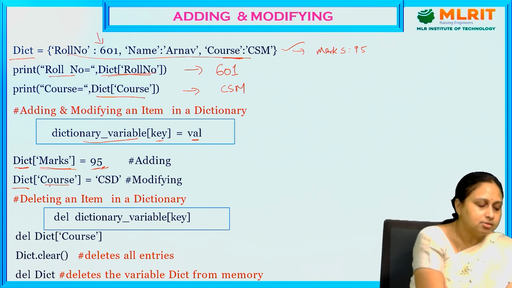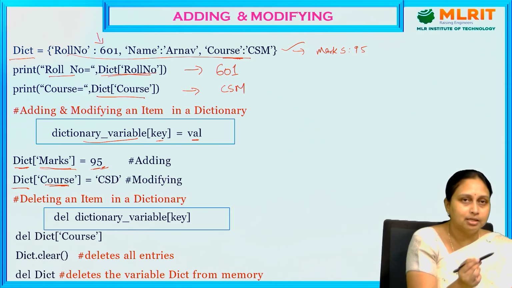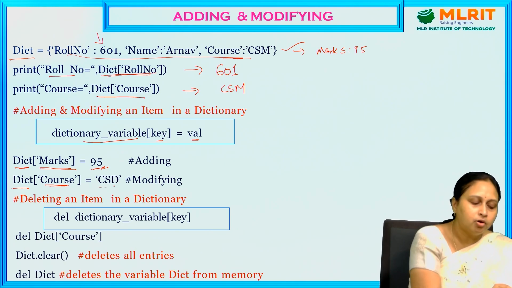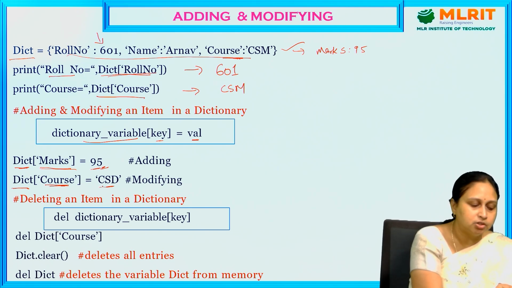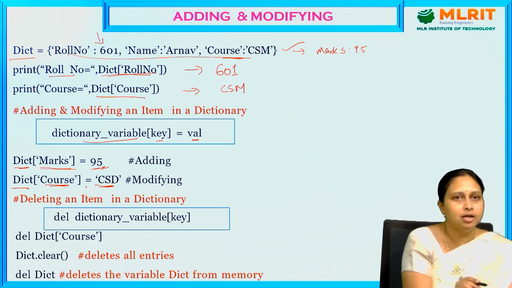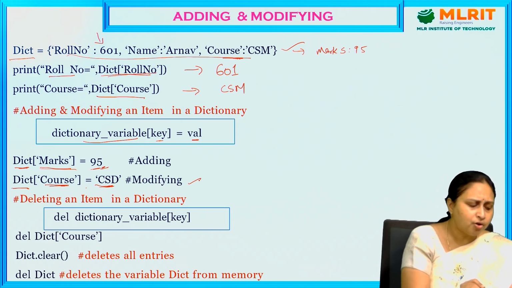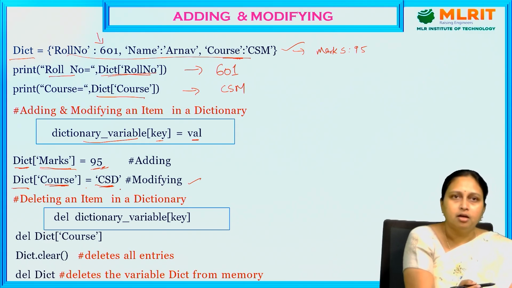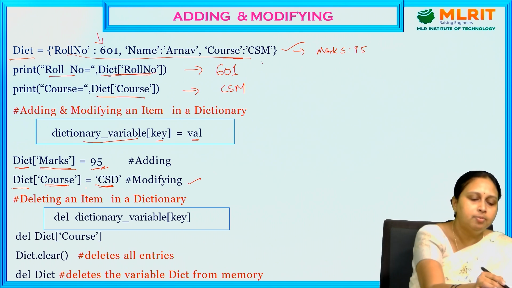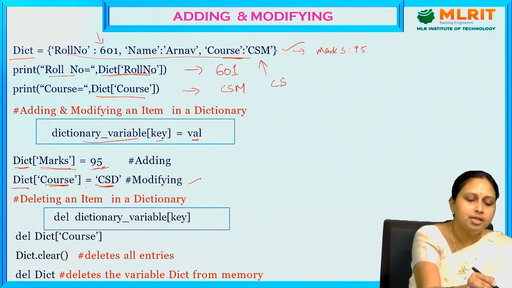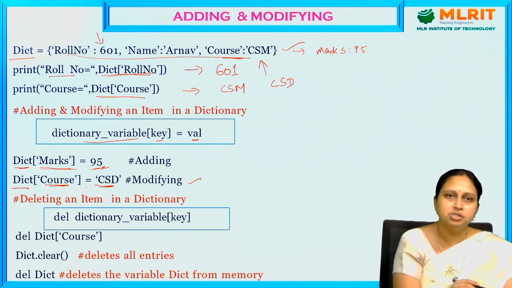In that case, the key you need to modify has to be specified, and the new value which you want to give has to be assigned to that particular key, so that it can modify it. Now, if I try to display DICT course, it will be modified and display CST instead of CSM. It will be modified with the new name CST, right?